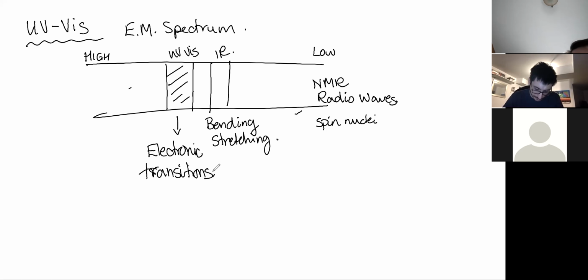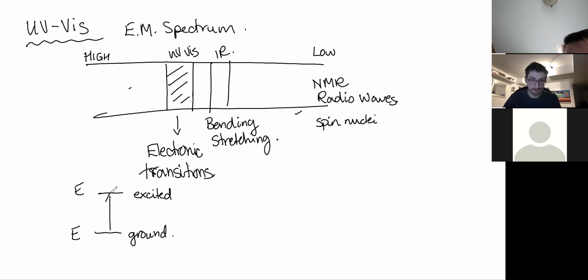So we are taking the ground state and exciting it to the excited state. So this is electronic energy levels.